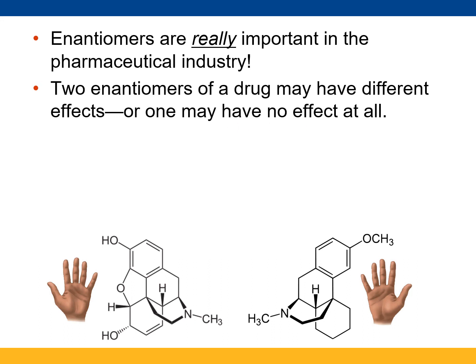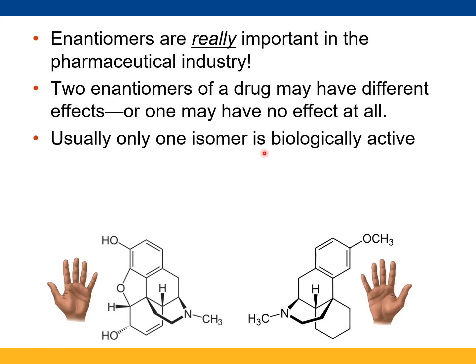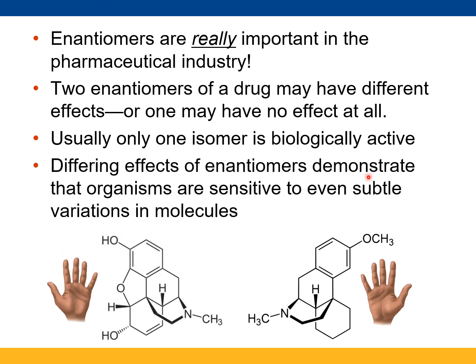If you look at dextrose, which is a right-handed type of sugar, as opposed to the levo version of it, the levo is not usable, but the dextrose is. So usually only one enantiomer, I should say, is biologically active. Different effects demonstrate sensitivity to even subtle variations, and so it can be just a small little thing that can make all the difference in terms of its activity.